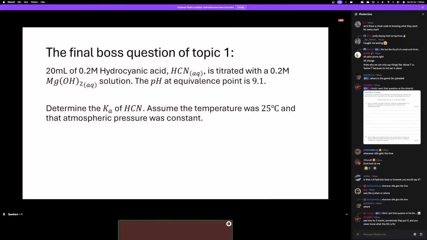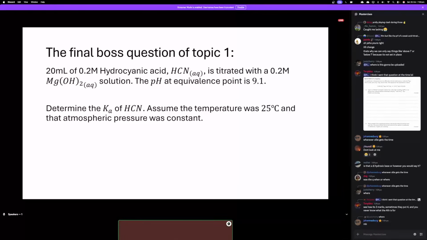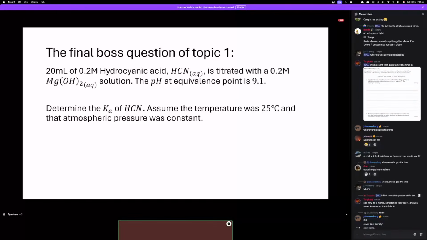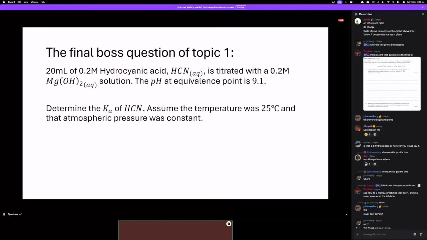For LCP, the marks will just be something like: what is the change? What is the effect of that change? Does it change pressure, concentration, etc.? Mention LCP somewhere. I don't know what the marks will be, but these are the things you should do.